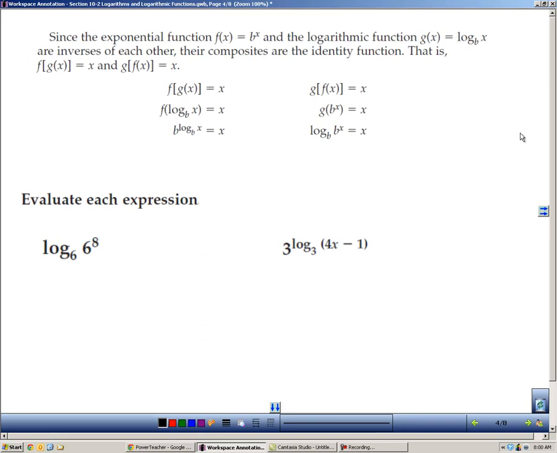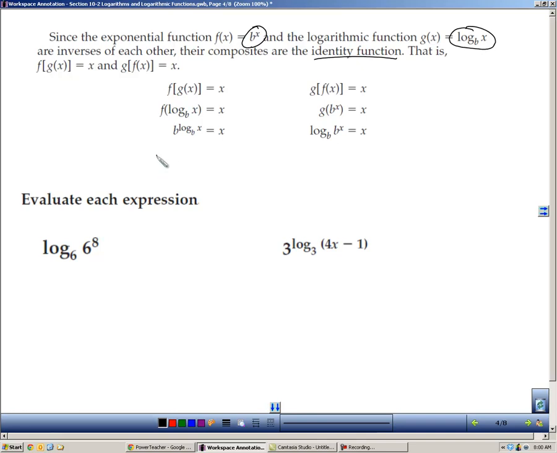Now here's a discussion on the fact that the exponential function, which is b to the x, and the logarithmic function, which is log base b of x, are inverses of each other. And if they're inverses of each other, you see a demonstration on how the composition has to equal the identity function. In other words, the composition has to equal x.